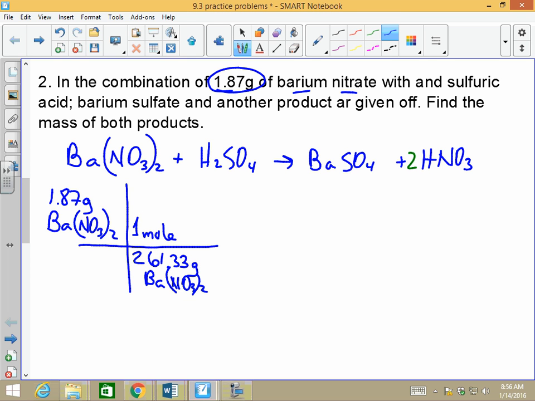1 mole of BaNO3 2. This was the first step in which we went from mass to moles. Now we go from the molar ratio of the equation, and according to this, I have 1 BaNO3 2, and that's 1 mole.